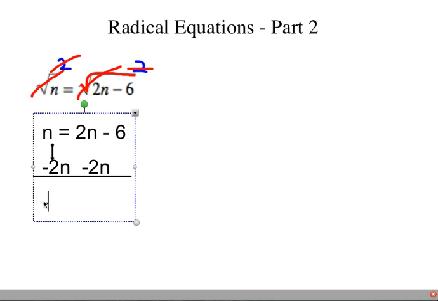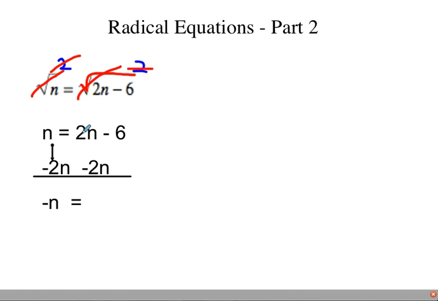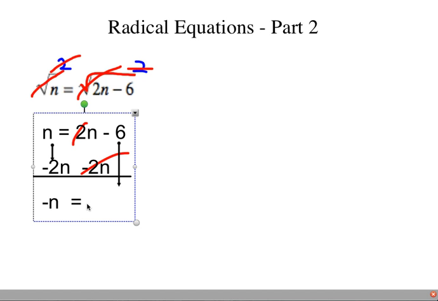How much would you have? You owe me $1, so your budget is negative n. On the other side, 2n and 2n cancel each other out, and you just bring the 6 down. 6 is not going to go to any term. So what you have here is minus n is equal to minus 6.